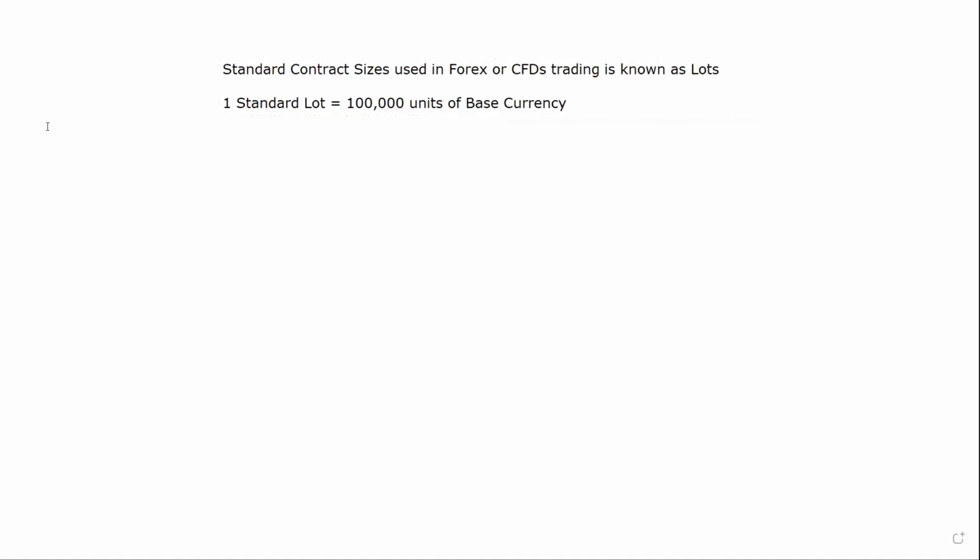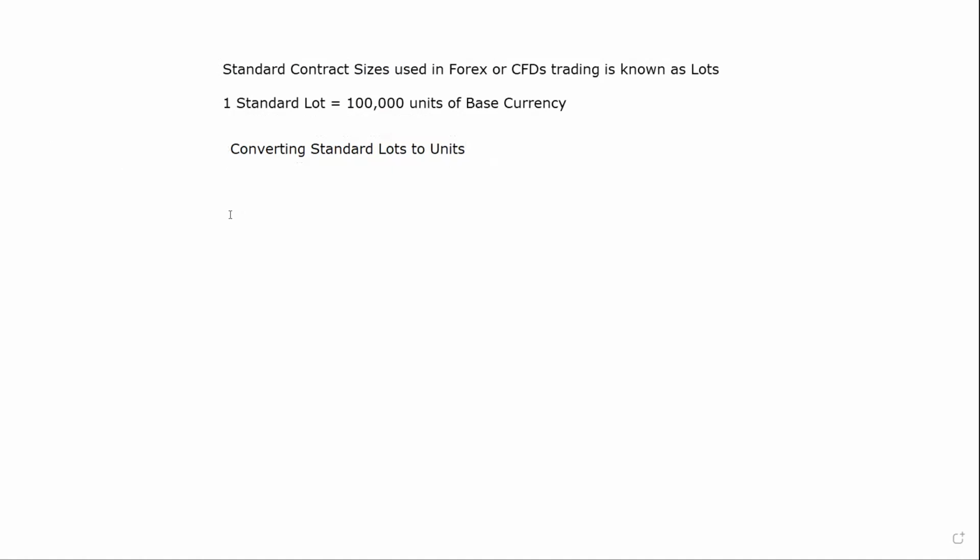Let's do some examples so that you can get an idea how to convert between lots and units, and from units to lots. First example, we're going to convert standard lots to units. How are we going to do that?